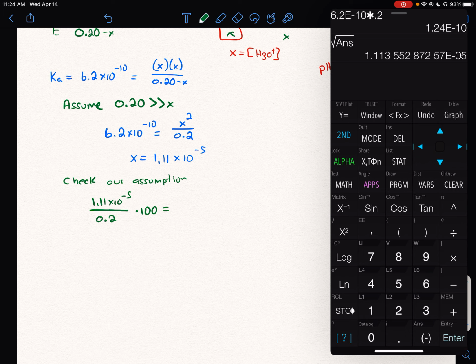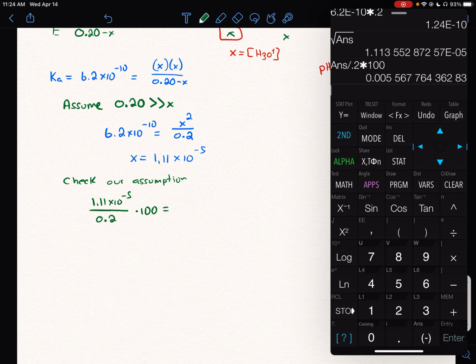So I'm going to do that in the calculator. And we see we get 0.006. So that's less than 5% by a lot. So our assumption is valid.